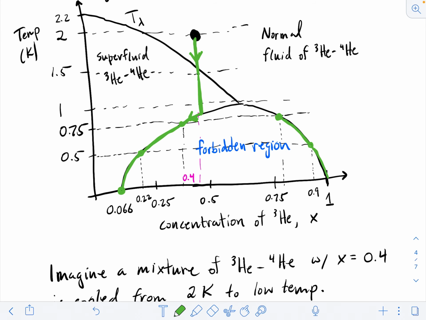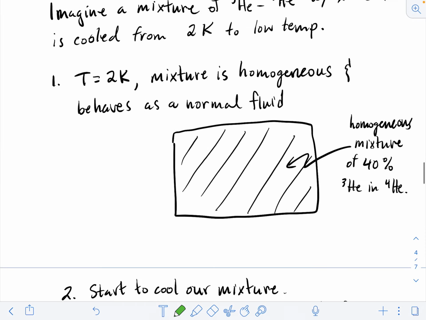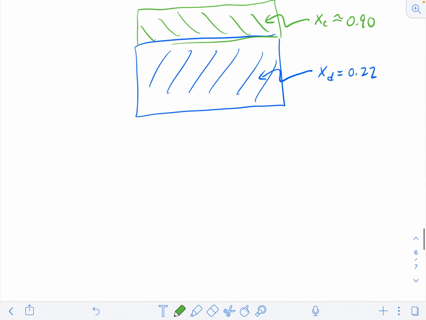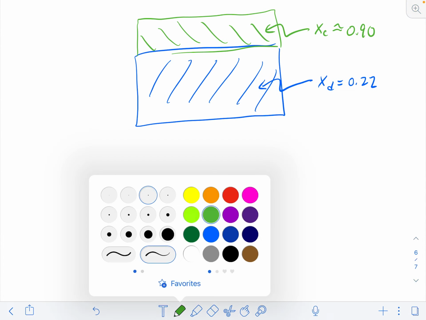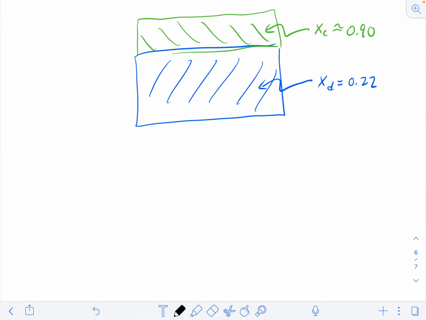And then our concentrated phase is virtually 100% just pure liquid helium-3 sitting on top. So at T equals 0, the dilute phase is about 6.6%, and the concentrated phase is basically pure helium-3.